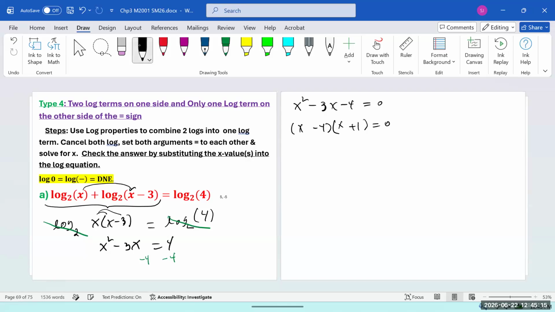Minus 4 plus 1. So this one gives us x equals 4. This one gives us x equals negative 1. Do you just accept them? You must check before accepting anything.